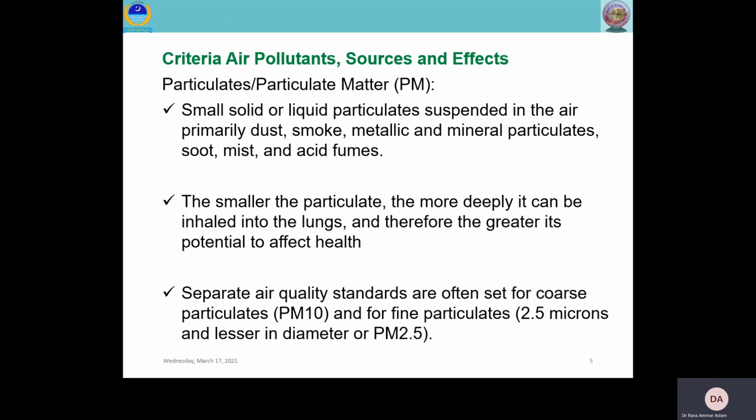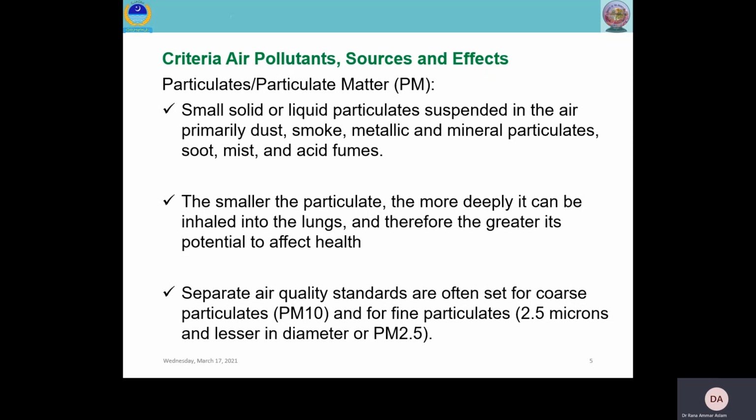While PM2.5 includes those particulate matters whose size is 2.5 micrometers or smaller, right? Now, their size is very important because the degree of harmfulness from particulate matter is directly linked to their size. The smaller the size, the greater the degree of harmfulness.